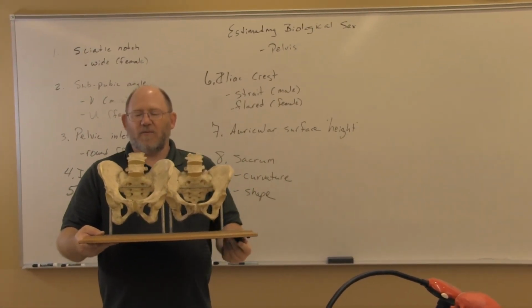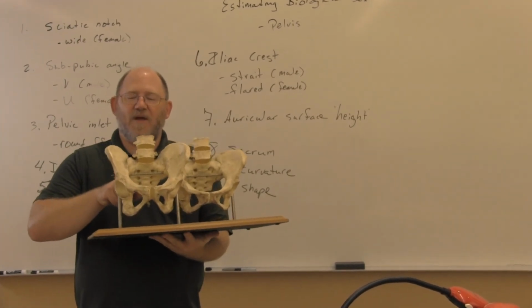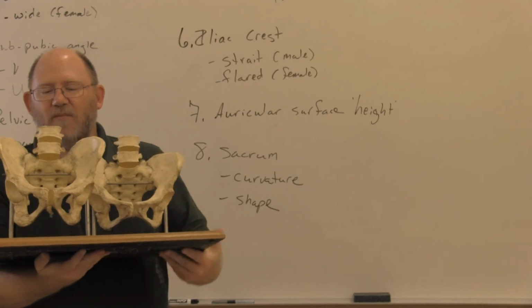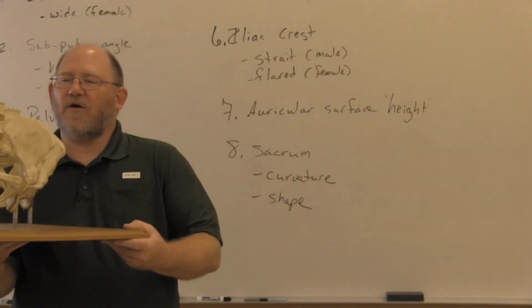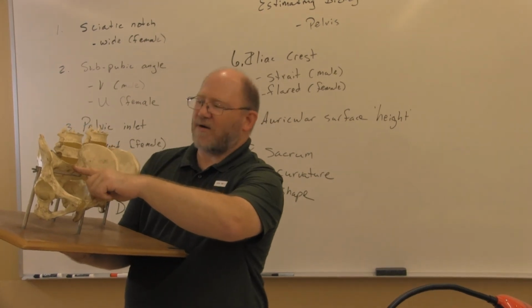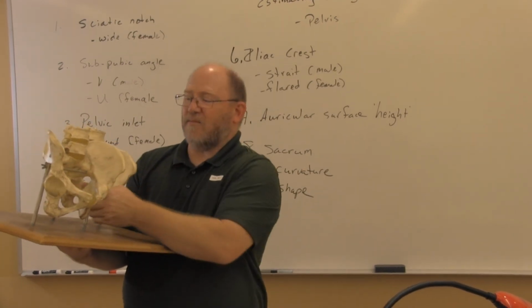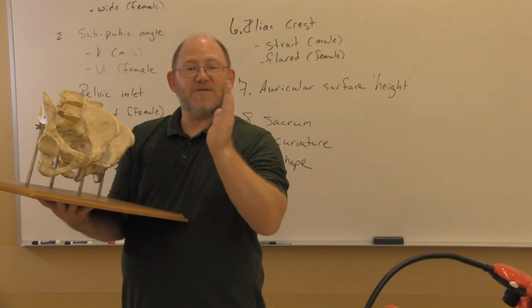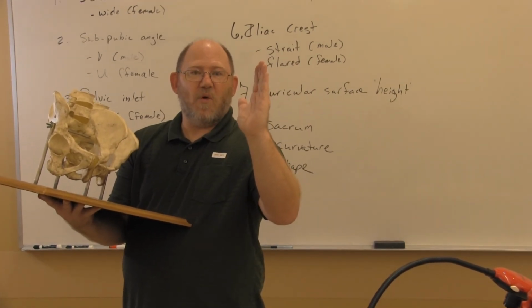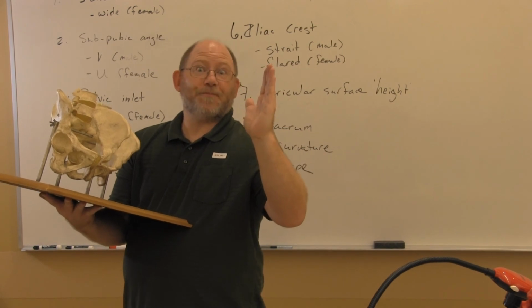What we will measure, especially on the inside part of the sacrum, is the curve going along from the top part of the bone to the bottom part of the bone. In males, it's more curved like so. In females, it's going to be more vertical.